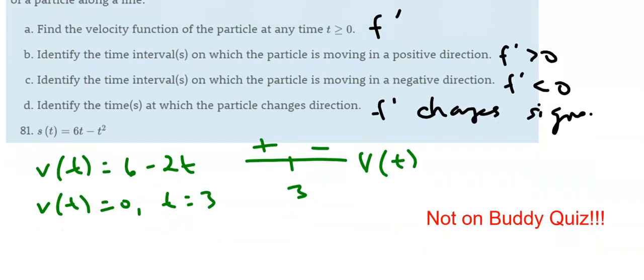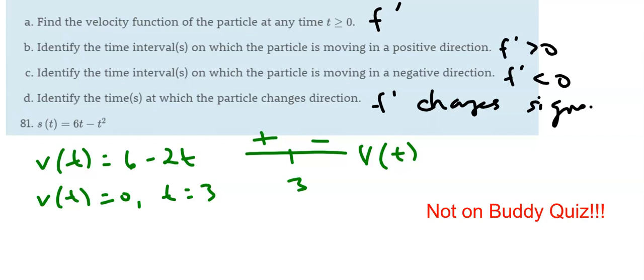So now let's go and answer the questions one by one. For A, we have anytime t greater than or equal to 0, from 0 to 3. For B, the particle is in a positive direction. Oh, I'm sorry, hold on. For A, it's actually this.